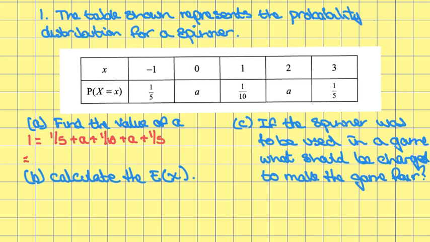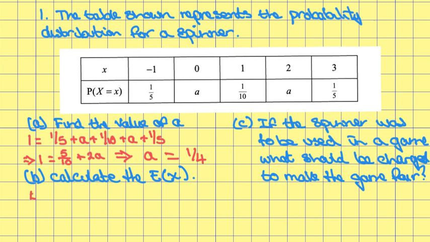Therefore, 1 is equal to 2/5 plus 1/10 plus 2A, which is 5/10 plus 2A. Therefore, A is equal to 1/4. Part B. Calculate the expected value of X.